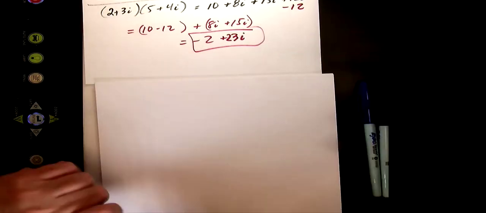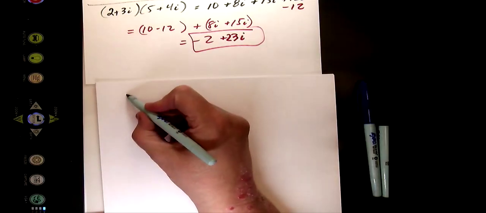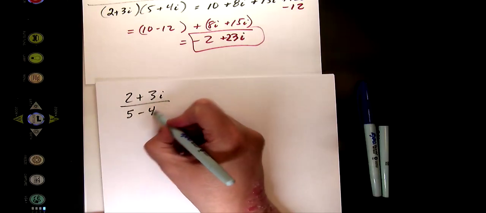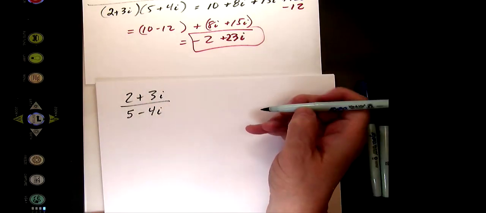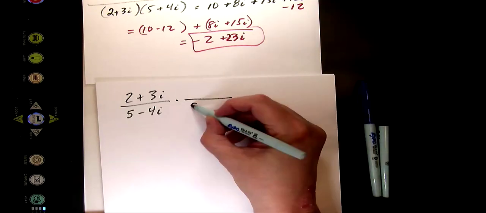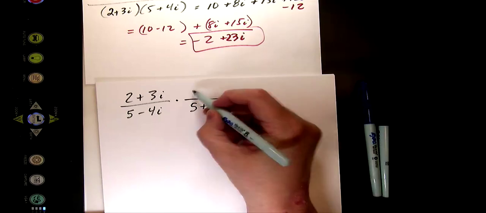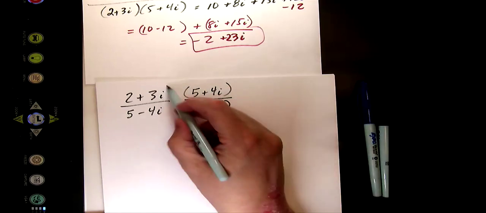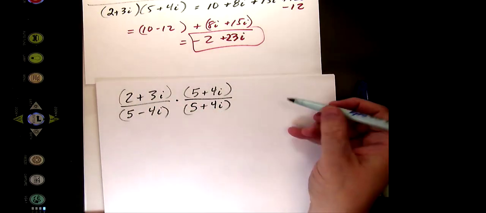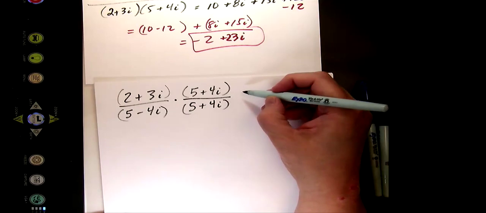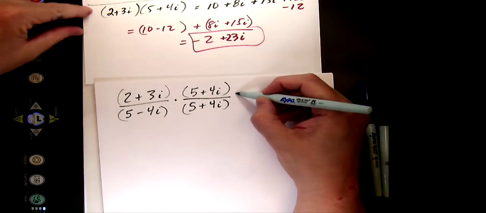I'm gonna do one last thing real quick. It's related to division. Just so we finish up this complex number thing, we do the conjugate again. And I just did this on top.